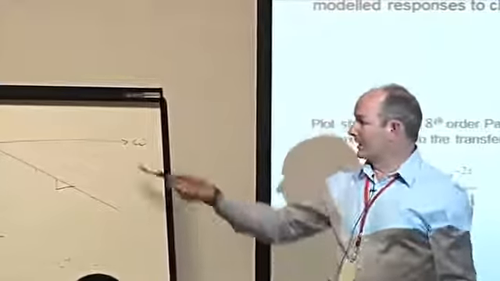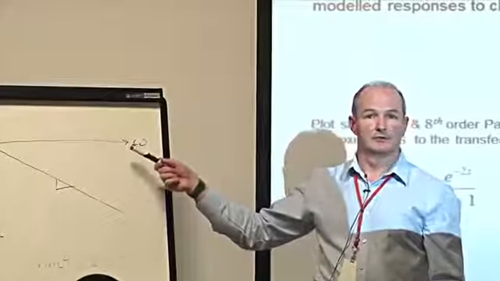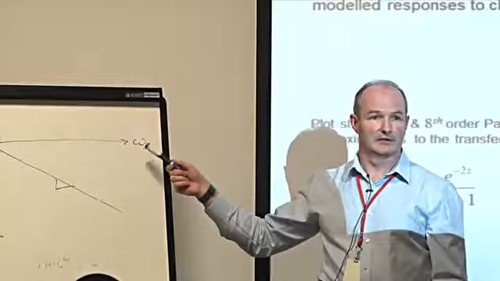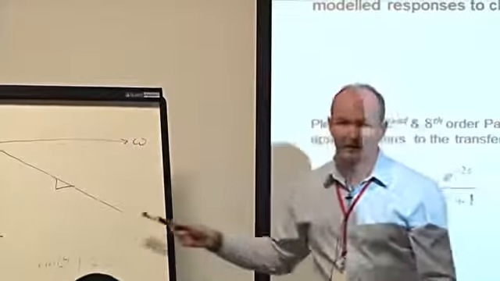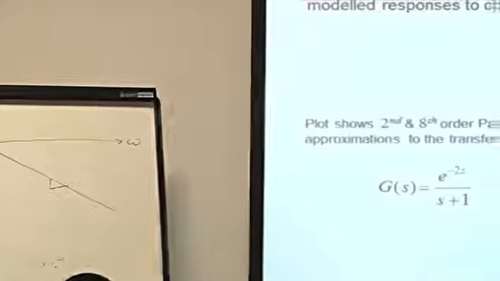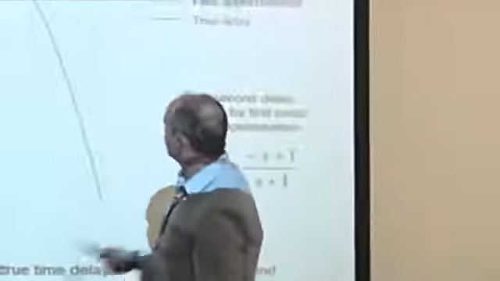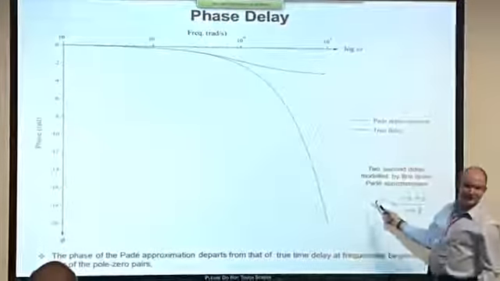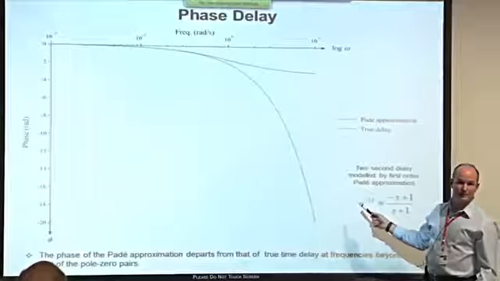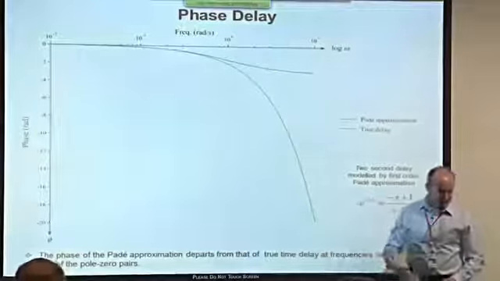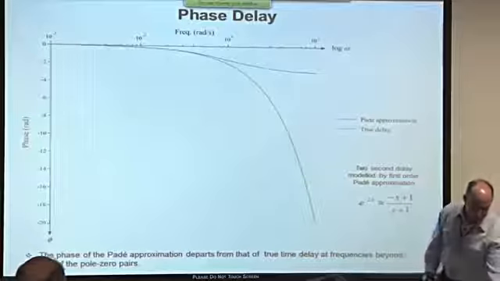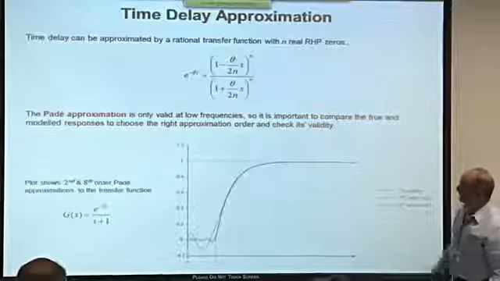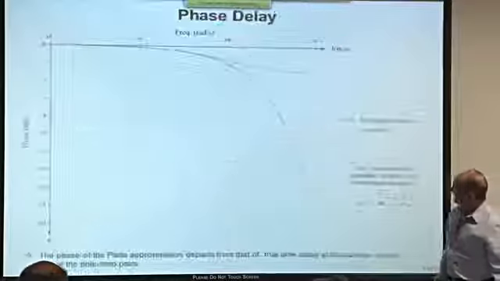Now, when we draw graphs like this of frequency, of course, we use typically logarithmic axes for frequency. So a straight line like this gets warped into a sort of bent line that looks like this green line on this graph. This is the phase corresponding to a time delay of 2 seconds. That's how it looks in a Bode plot, for example. Now, the equivalent phase of the Padé approximation, this thing at the top, doesn't look like that at all.